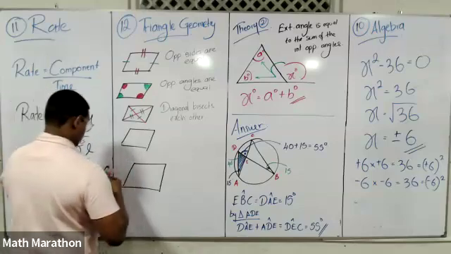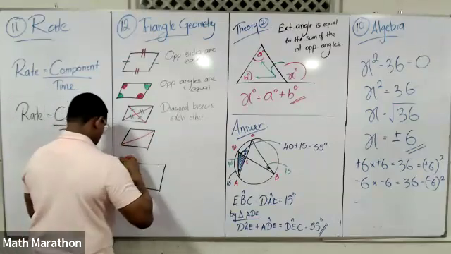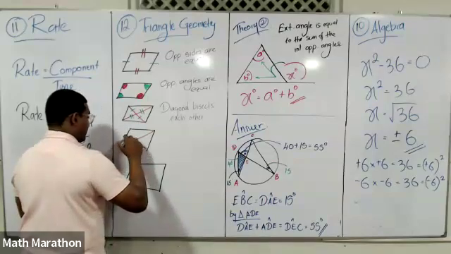The next one, diagonal bisects the area.